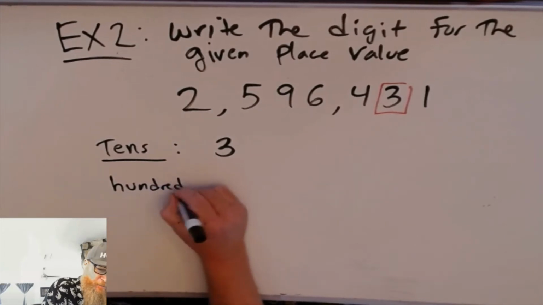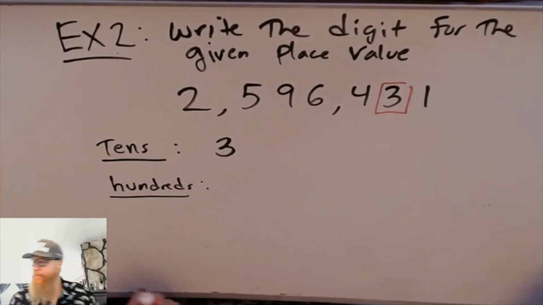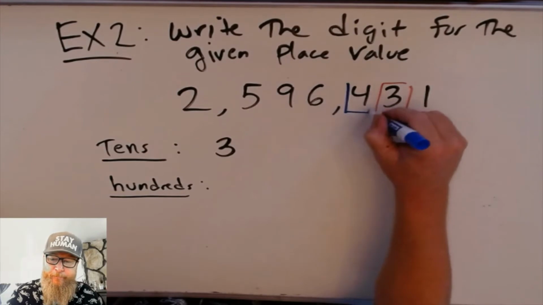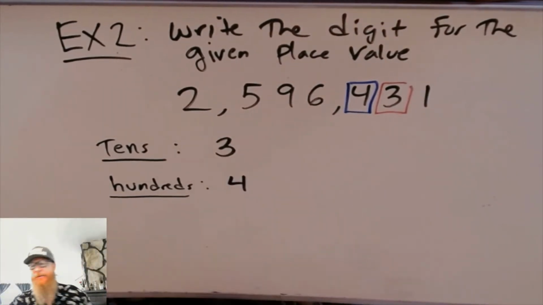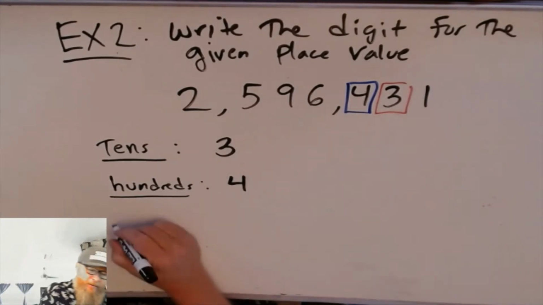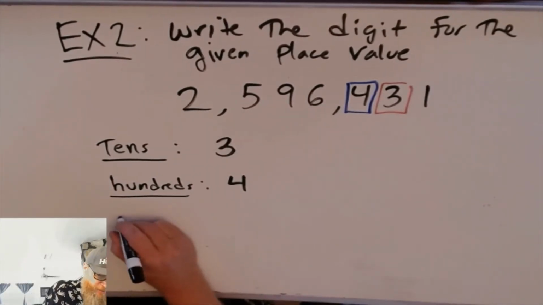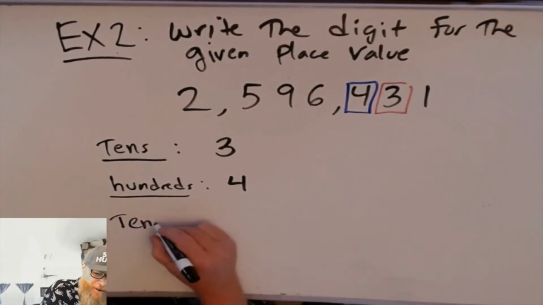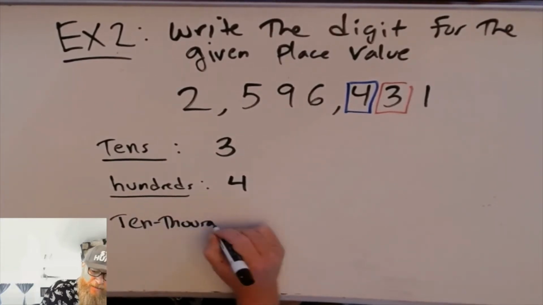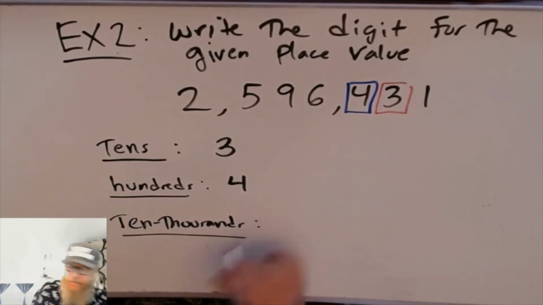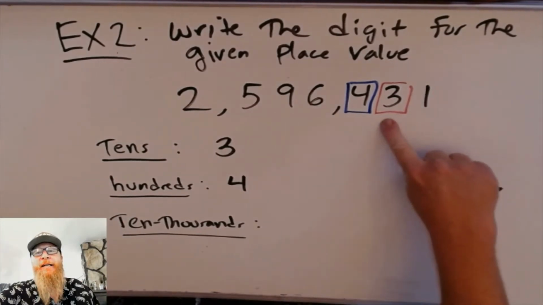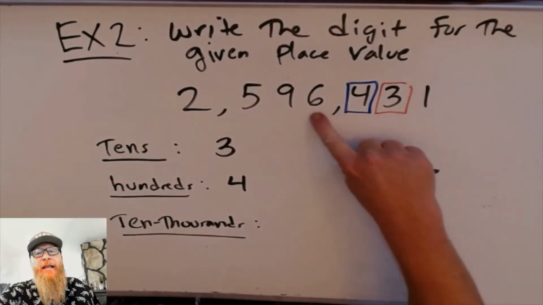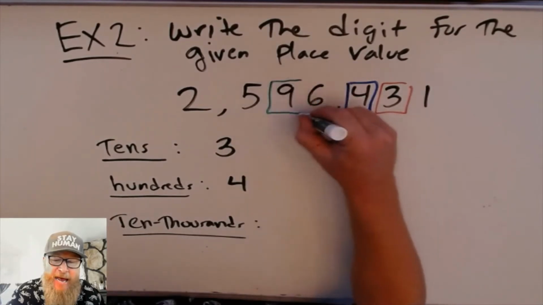Hundreds. 4 would be in the hundreds place. 10,000. I'm skipping around a little bit. Again, we have ones, tens, hundreds, thousands, 10,000.